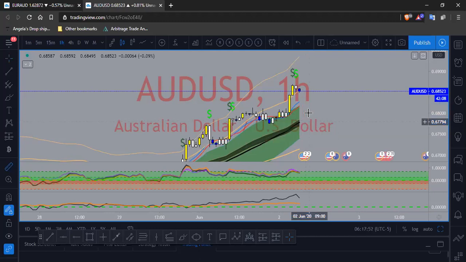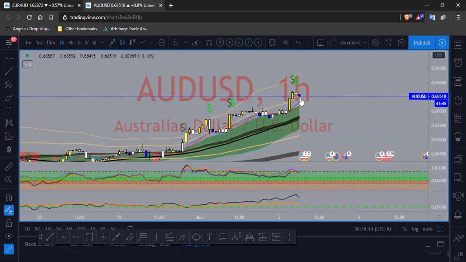So if you want to take that risk and get into this sell early, which I wouldn't recommend, honestly speaking, unless you're using a scalping strategy to get into a swing, which I might look for actually, then you might want to just wait for price to start showing signs of bearish intent. But other than that, there's nothing on here telling me to try to sell AUD USD, so I'm not going to focus on it.